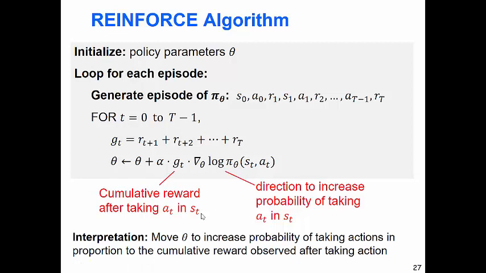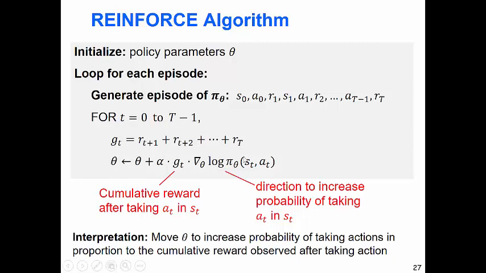If you get a big negative reward, you'd be like, oh no, I don't want to do that again. That tells you how good your estimate is of taking that action in that state. And this, as we've already talked about, tells you which direction to increase the probability of taking that action in that state. So if you fall off a cliff, this is going to be highly negative, we hope, and you'll move in the opposite direction so you won't fall off the cliff next time. These are all very, very interpretable algorithms at the end of the day.